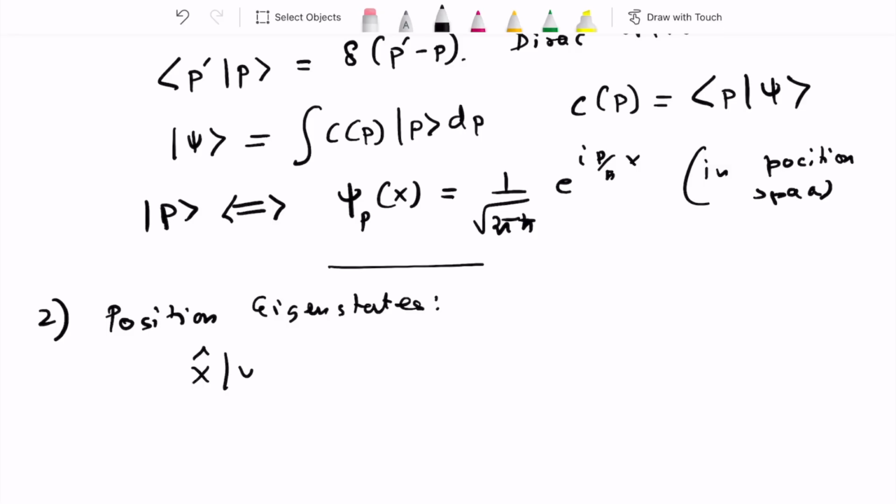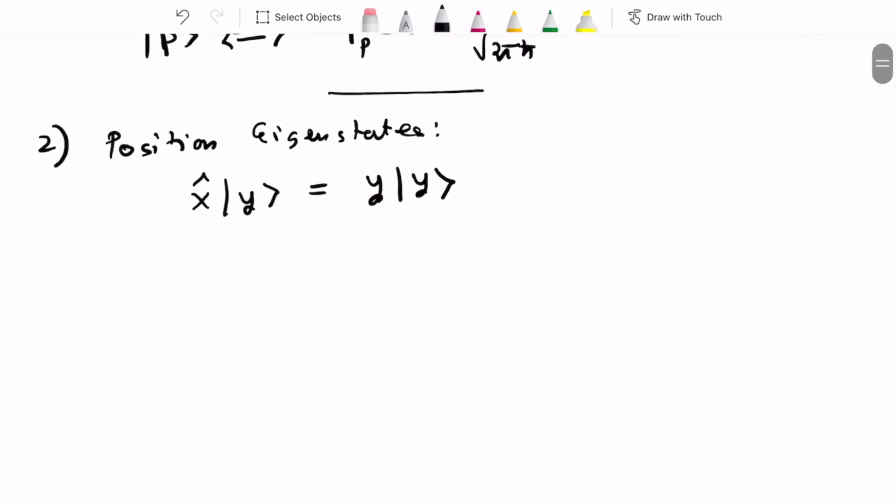X acting on a particular eigenstate |y> is equal to y, which is a specific position, times the eigenstate |y>. So these eigenstates are characterized by their eigenvalue y. Okay, so these eigenstates are also Dirac orthonormalizable, which means that <y'|y> is equal to delta(y - y'). We proved this. And they're also complete.